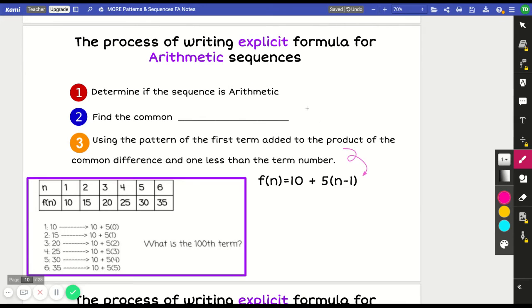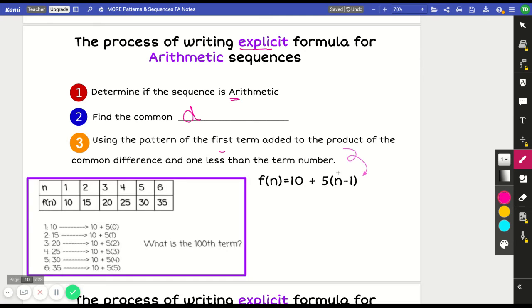The process of writing explicit formulas for arithmetic sequences. So we worked on recursive. Now we're going to work on explicit formulas. Determine if it's arithmetic. Then you find your common difference. Use the pattern of the first term and add it to the product of the common difference and one less than the term number.